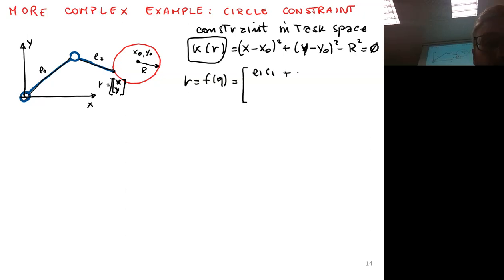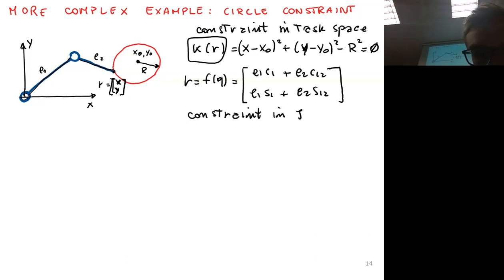L1 C1 plus L2 C1 2 L1 S1 plus L2 S1 2. And then we want to rewrite this constraint in the joint space because we want to compute H. So we want to compute H of Q, which is just the task space constraint evaluated with the forward kinematics.